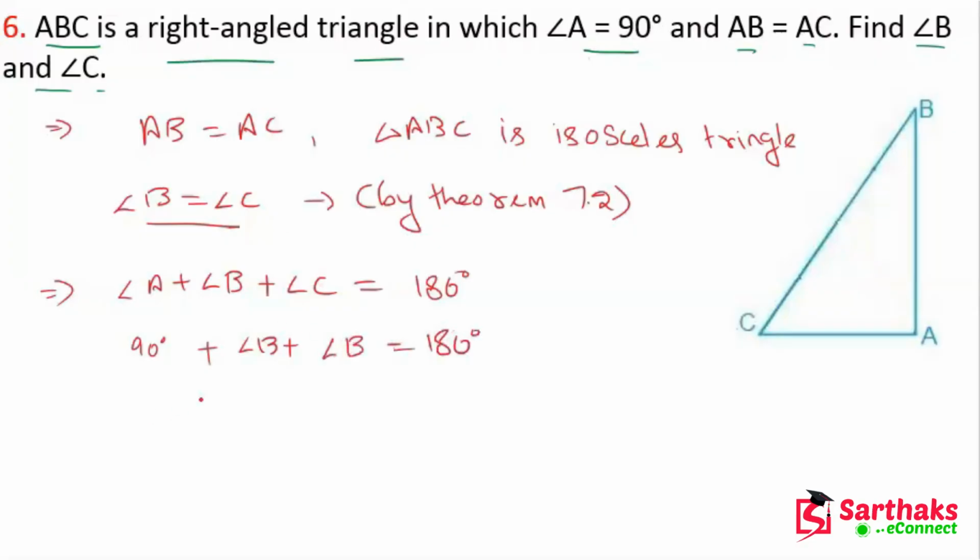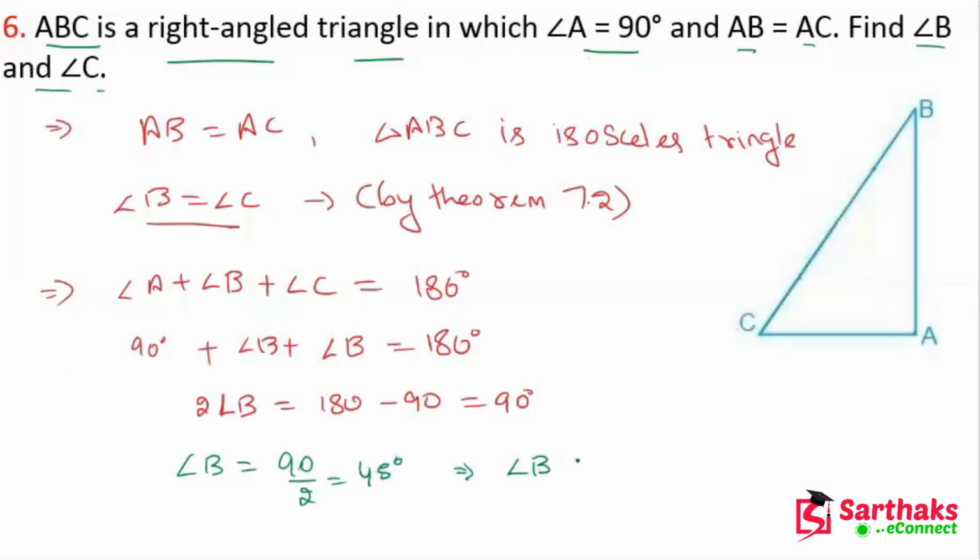180 degrees. Now twice angle B is equal to 180 minus 90, which is 90 degrees. So angle B is equal to 90 upon 2, which is 45 degrees.